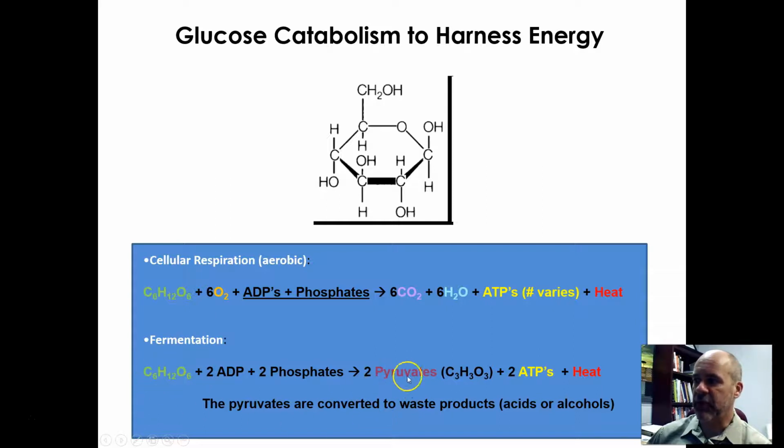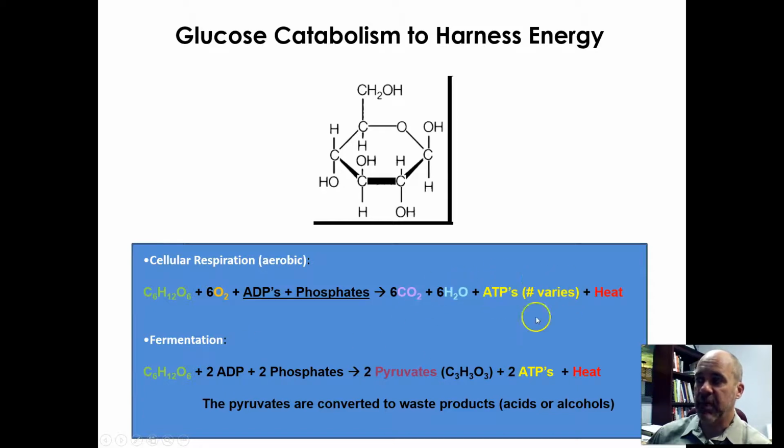It gets converted into 2 molecules called pyruvate that have this chemical formula, C3H3O3. Then you still have ADP and phosphates as inputs with some ATPs over here as outputs, and heat is also given off as well. And then as we'll see, these guys wind up getting converted over to waste molecules that are generally acids or alcohols or gases in some cases. So this is an alternative process.